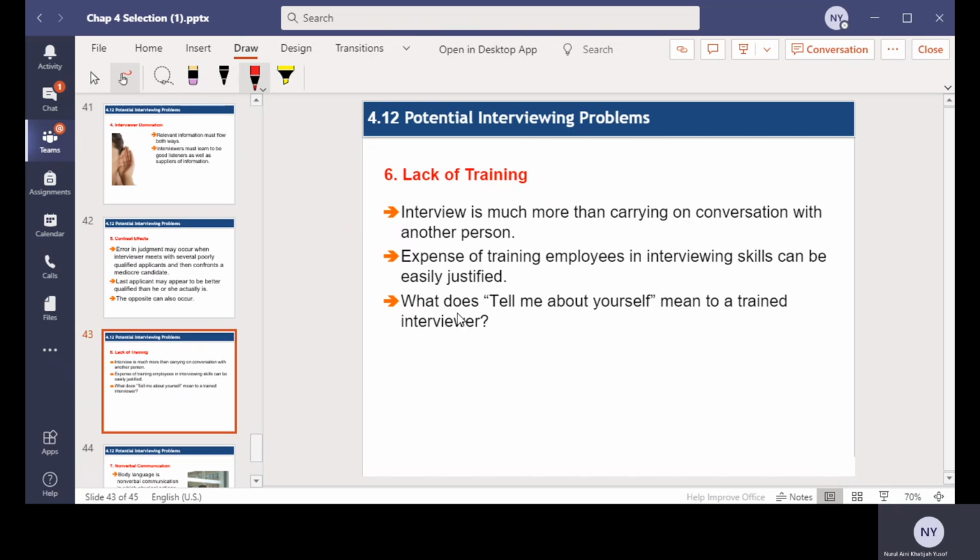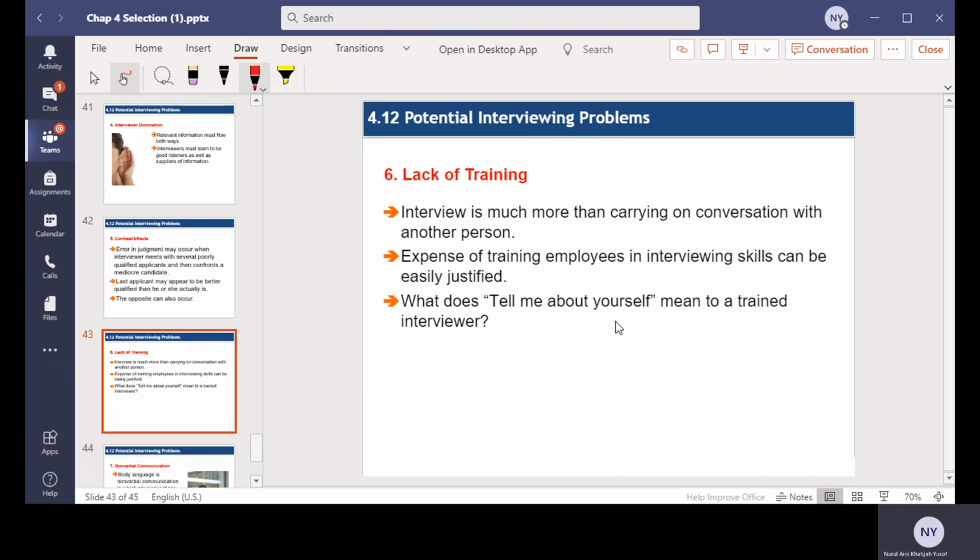So if you say, tell me about yourself, start in a very polite way. And then if you ask, tell me about yourself, what is the expected answer that you want? Some interviewers, when they ask, tell me about yourself, don't want you to summarize everything in the resume, because they feel, oh, I can read your resume.